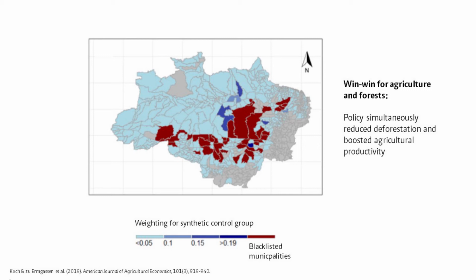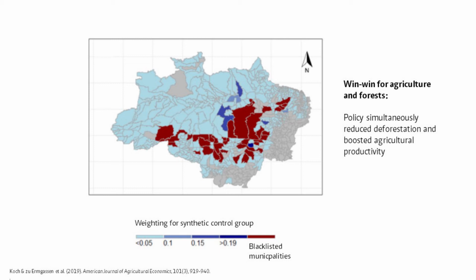The quasi-experiment in this case was that the selection criteria for the blacklist were inconsistently applied. This means that there are municipalities that should be on the blacklist based on the criteria, but they are not, which just indicates that politics matter a lot.